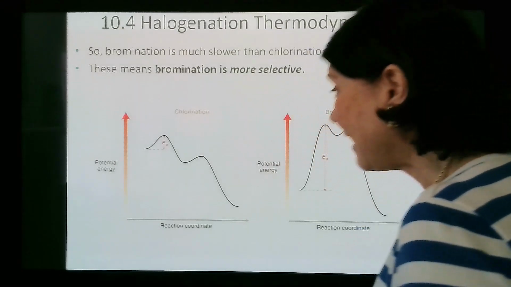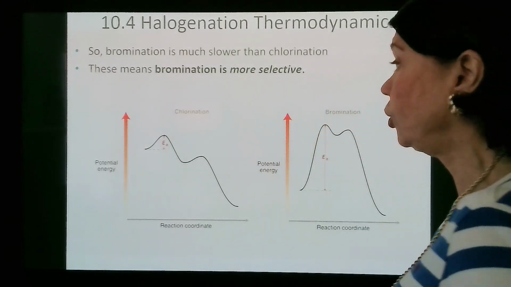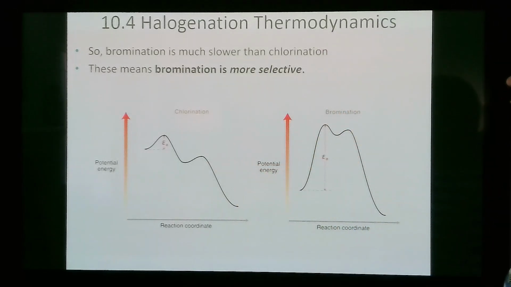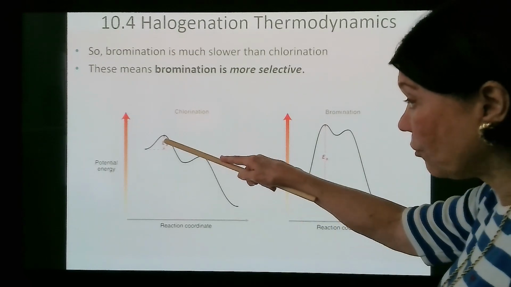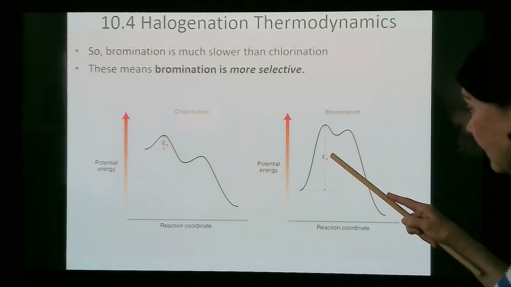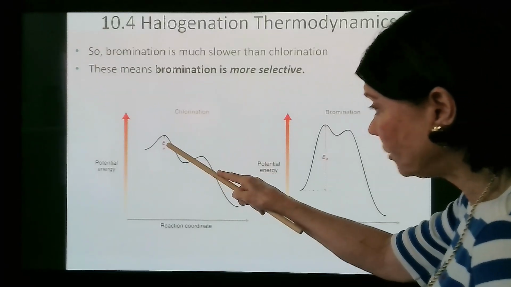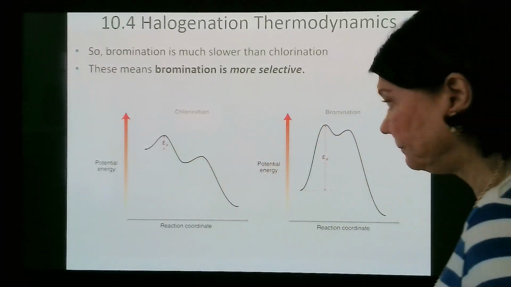You're going to see that reflected in some of the products that are generated. You're going to see a difference in the selectivity of the products, and it's because of the reactivity here compared to the reactivity here. This is less reactive, more reactive, less selective, more selective.